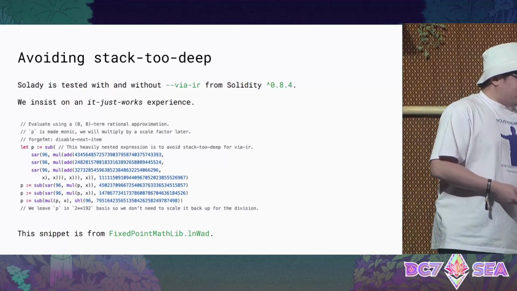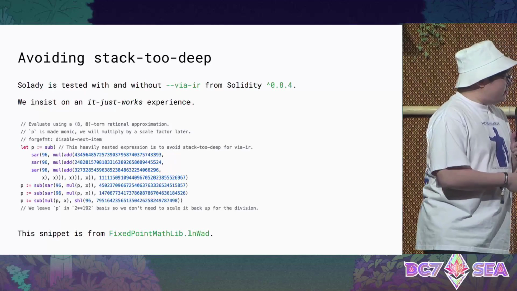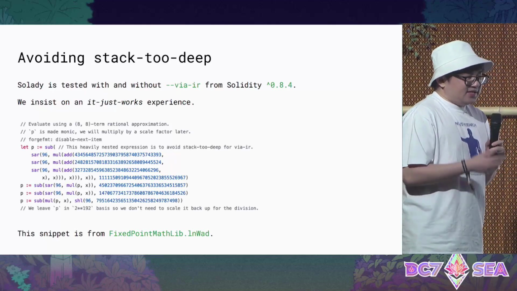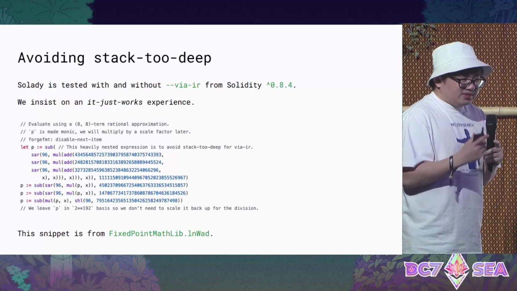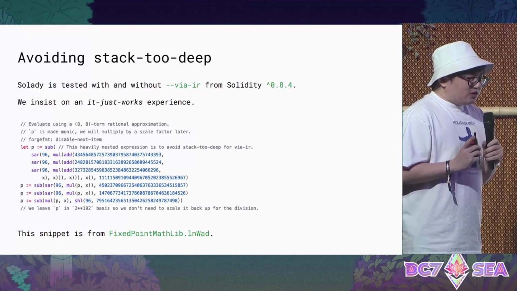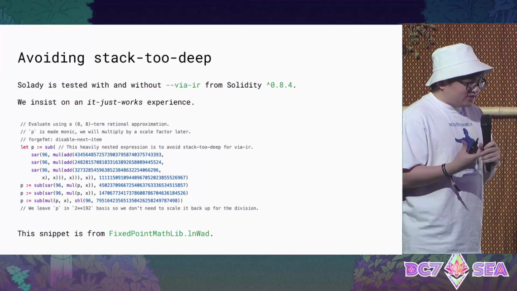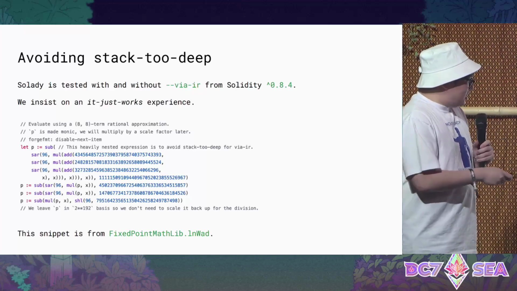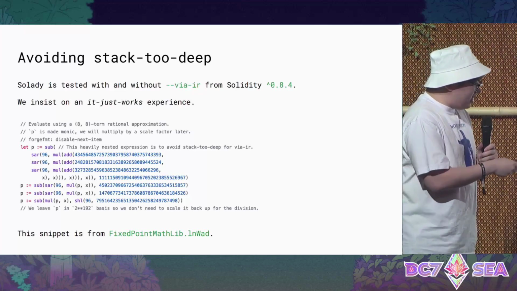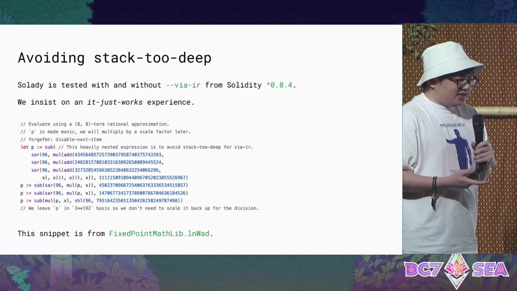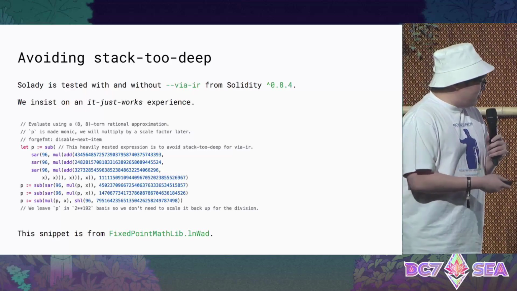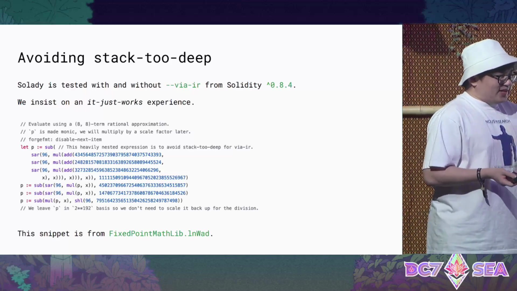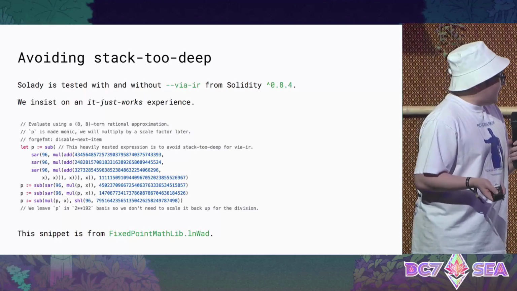So, for example, avoiding stack too deep. We have this function called lonewhat in the fixed point math lib. If you use it on its own, sometimes the compiler tries to inline it and it causes a stack too deep. But if we rewrite the function in Inline-Assembly, you can somehow rearrange how the variables are allocated on the stack. And by rearranging the variables, you help the compiler compile in a way that avoids stack too deep with or without IR.